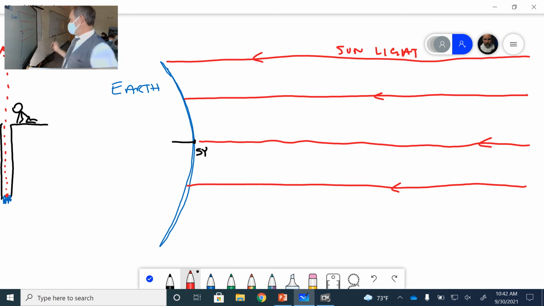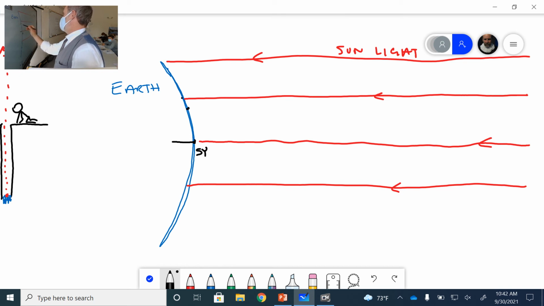So here's Eratosthenes. I still find this mind-blowing. Eratosthenes set up a tall pole in Alexandria, kind of like a flagpole. Now, here's Alexandria. Actually, I'm going to put it right here.